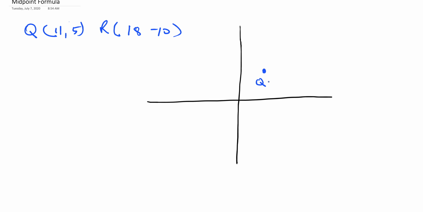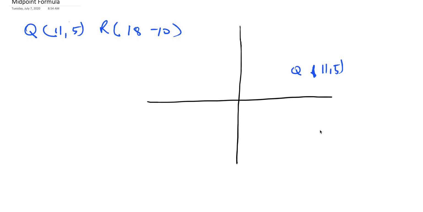So I'll just put the Q here, 11, 5. And then for this one, I guess that's just terrible. For the sake of teaching, I'll put it kind of where it should be. All right, so Q is 11, 5, and then the other one is 18, negative 10.